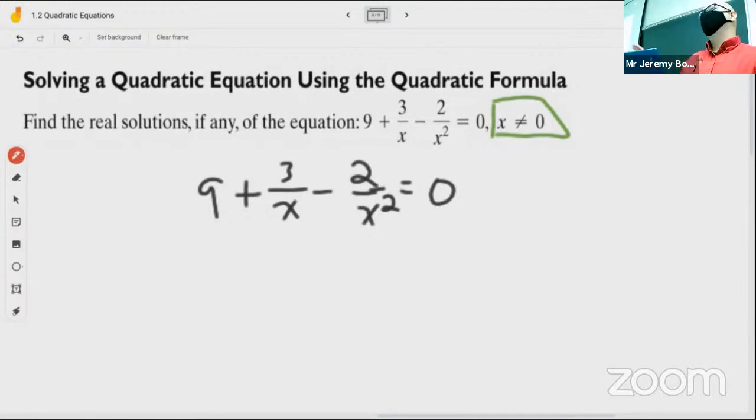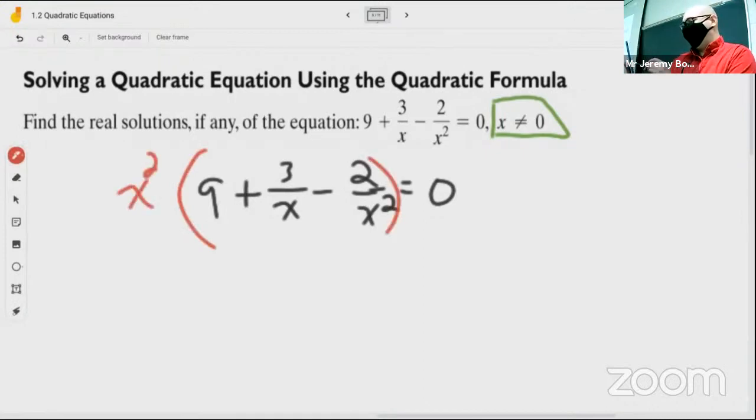What's the lowest common multiple of x and x squared? Well, if I multiply by just an x, that'll get rid of this, but this will still just be single x on it. You want to multiply by x to the highest power. So what we want to do is multiply both sides of this by x squared.